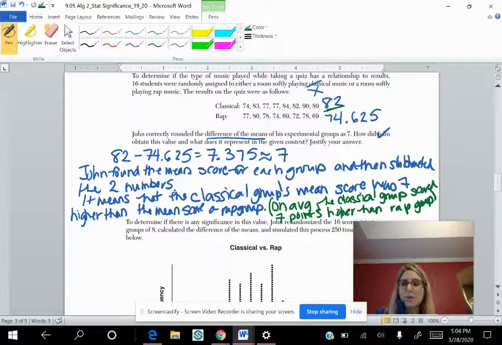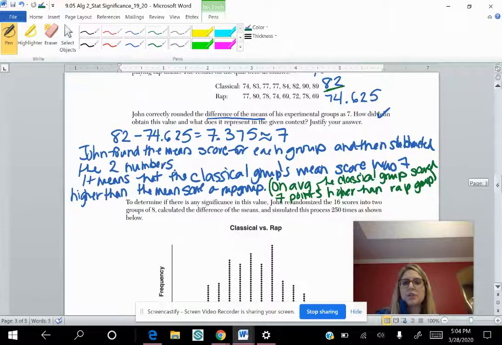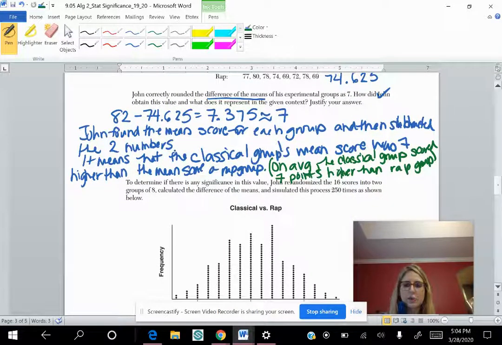Sometimes you may have to go back and listen to this multiple times, or write it down and read it multiple times, just for it to make sense and wrap your brain around it.